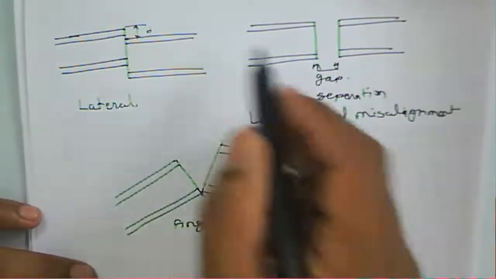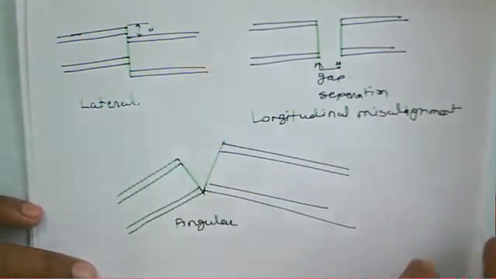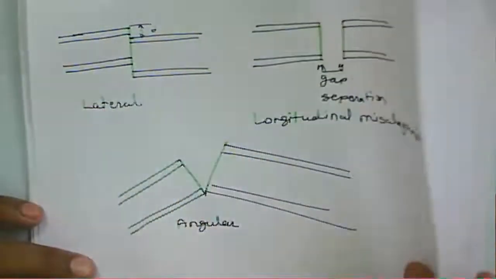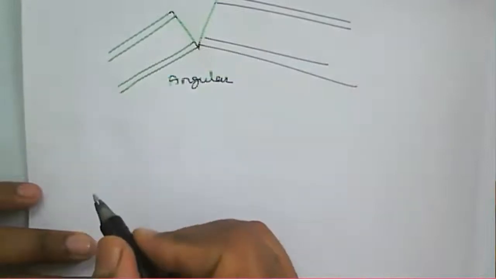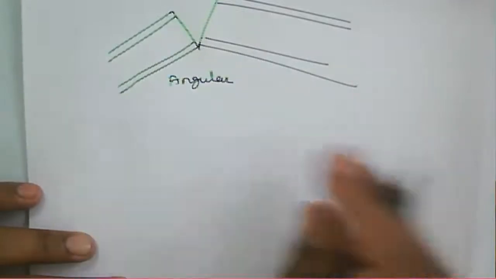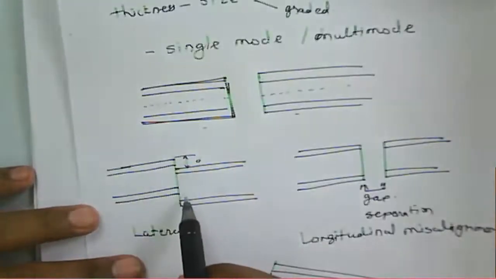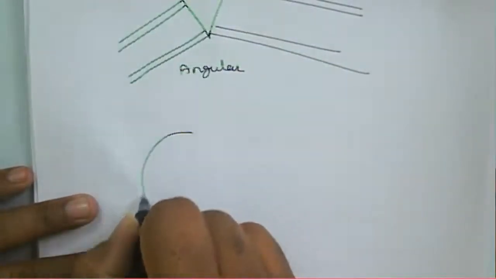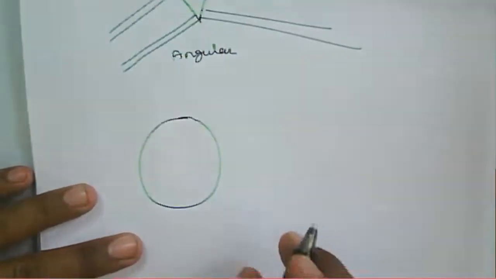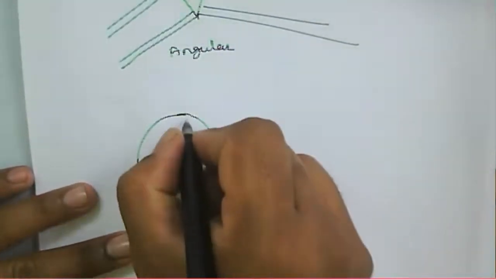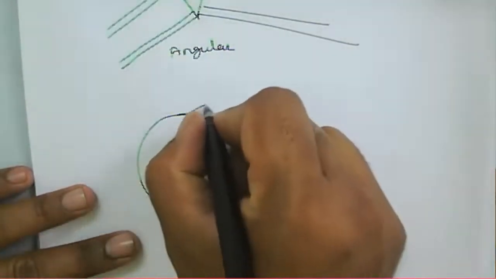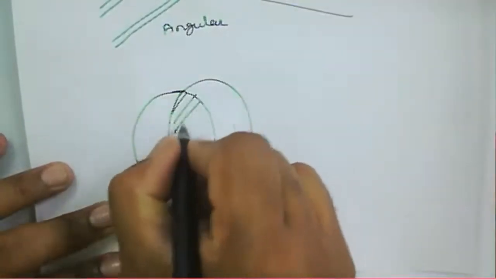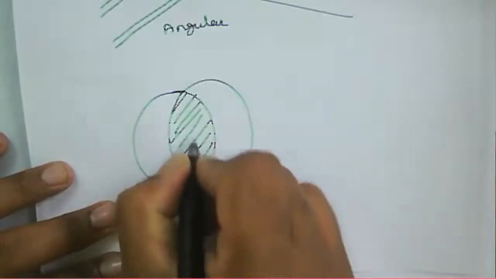Because of this we are not able to connect or join the two fibers. Here the axis is changed. If we have a given fiber and we are joining another fiber, because the axis is not matched, this may cause axial displacement.